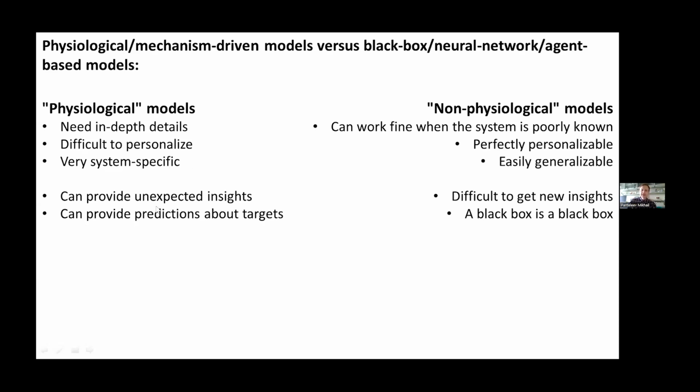However, the good thing is that you have a fairly realistic representation of the system, and you can provide unexpected insight and very specific low-level prediction, something like what happens if you target this molecule within the whole system. On the other hand, for neural network or agent-based models, you can work with systems that are not really explored yet in order to create a simulation of those systems.